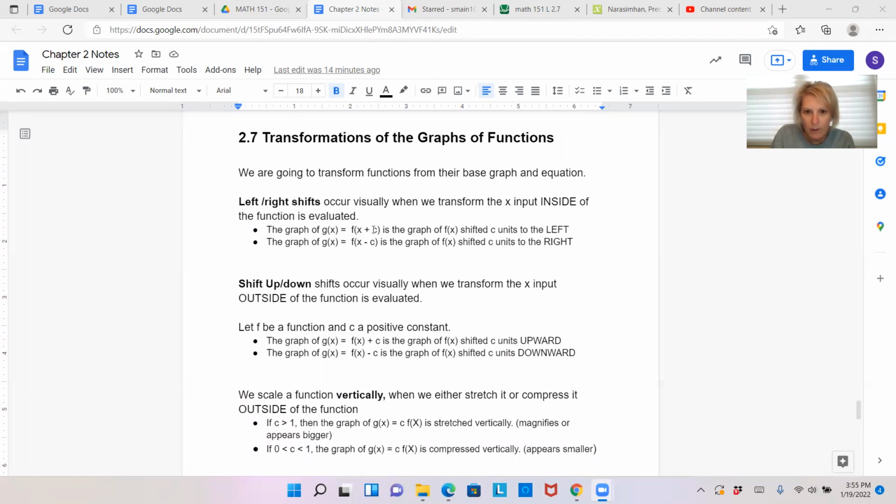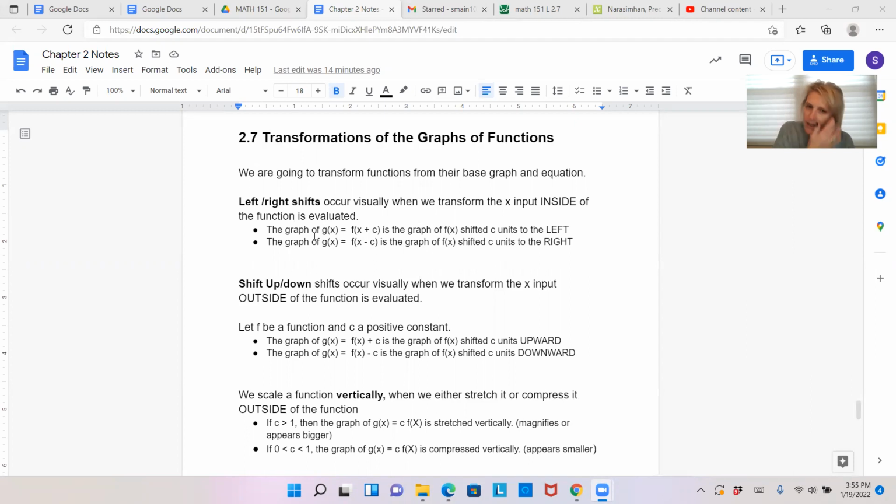If you add a value, it shifts the graph to the left, which seems weird because adding makes you think it should shift to the right on the number line. But if you subtract a number, it shifts the graph to the right. That's because you're adding and subtracting before you evaluate the function.